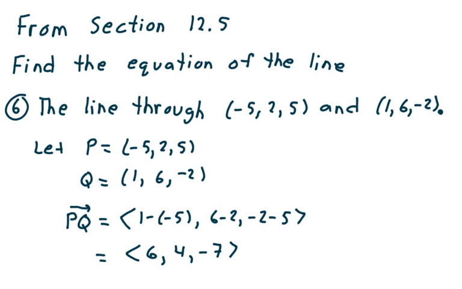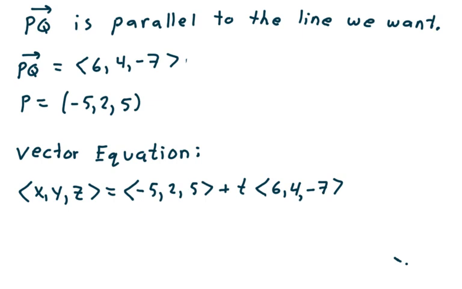To find the equation of a line, we need a point on the line and we need a vector that runs parallel to the line we are looking for. So I'm going to form the vector PQ, which is equal to <6, 4, -7>. This vector PQ is parallel to the line we want.